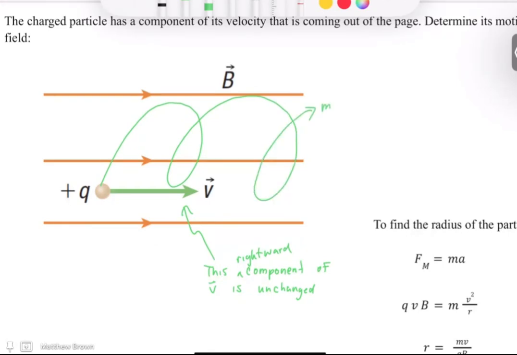And this would be the motion. Since, as I said, this sideways component is unchanged, but it just goes in a circle, like into the page and out of it.